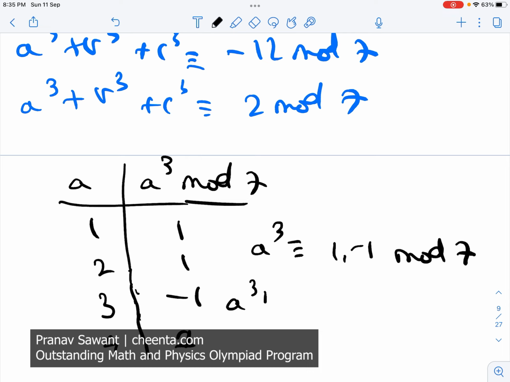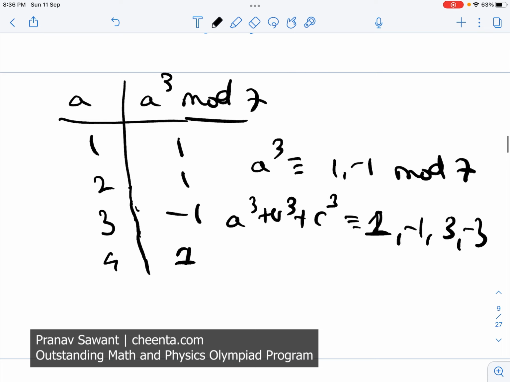So really, a cube plus b cube plus c cube can only take certain values, right? So what can it take? It can be 1 plus 1 minus 1, so it can be 2 mod 7. So it can be 1 mod 7. It can be minus 1 mod 7. It can be 3 mod 7, and it can be minus 3 mod 7. Why?